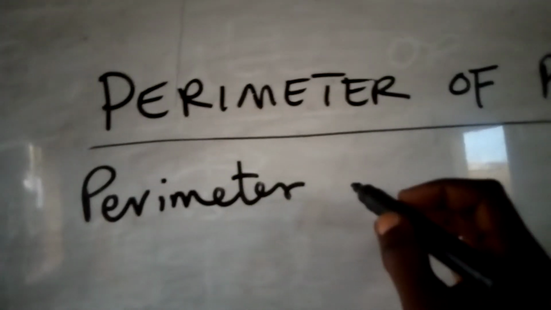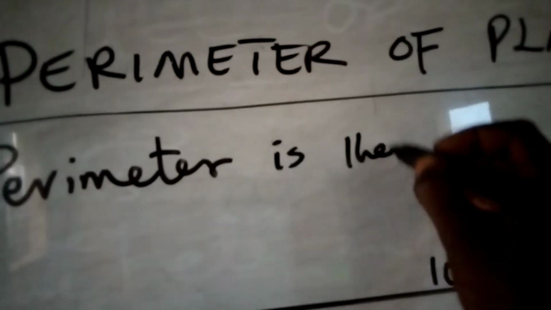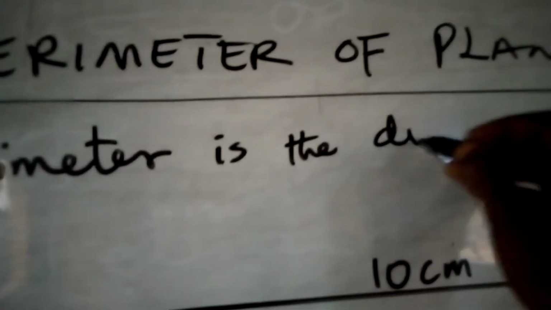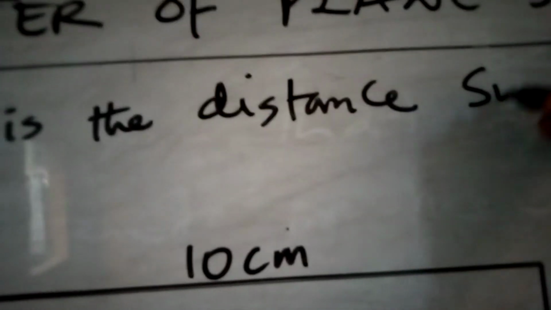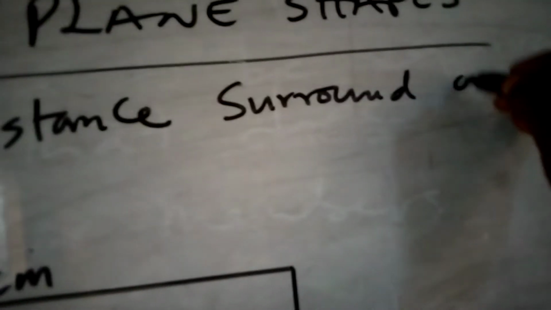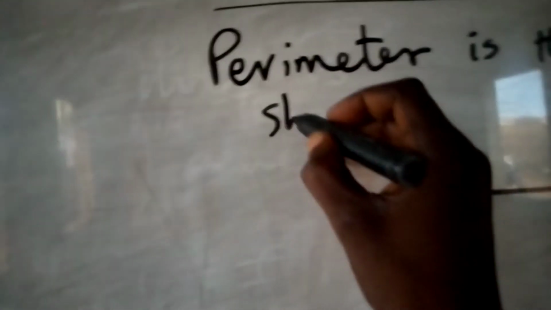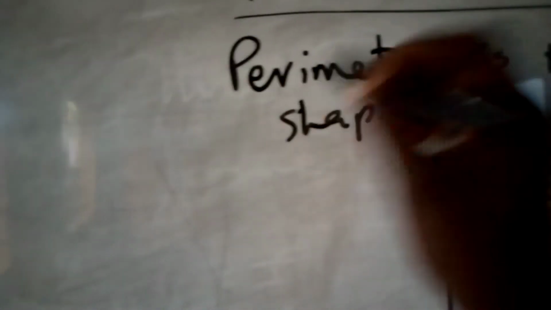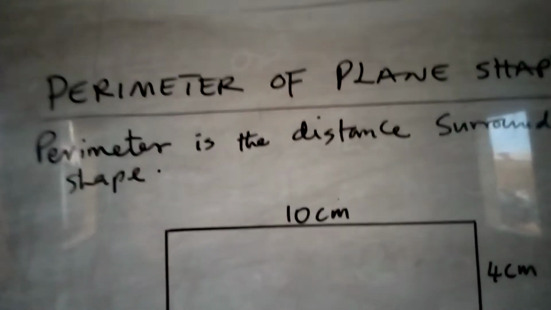That is, perimeter is the distance surrounding any given shape. Right? So perimeter is the distance surrounding any given shape.